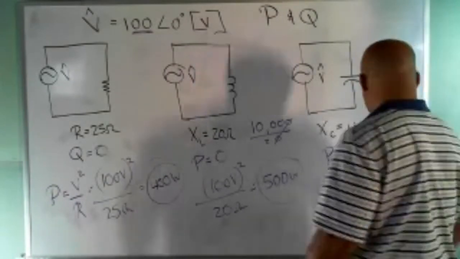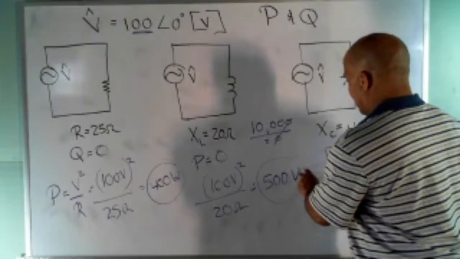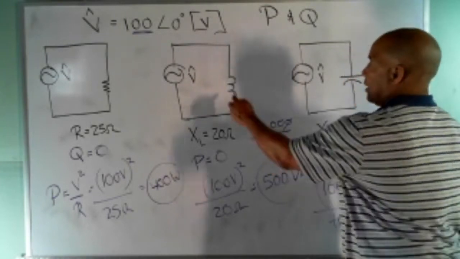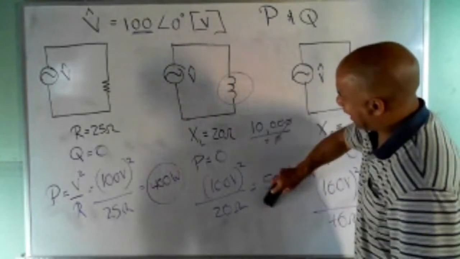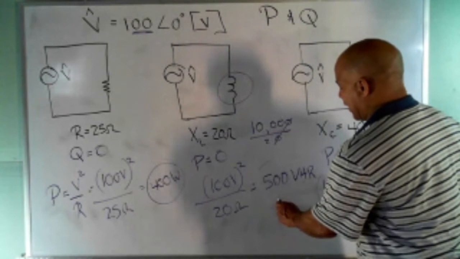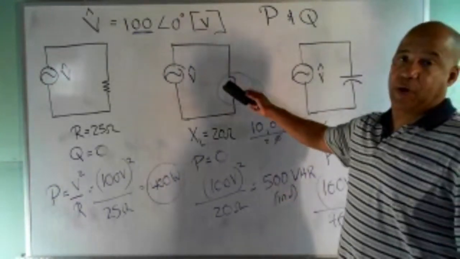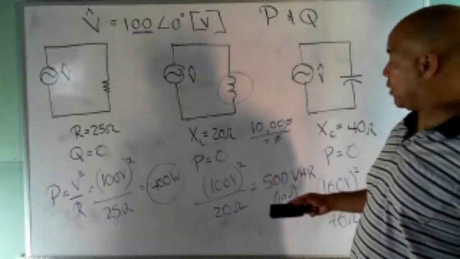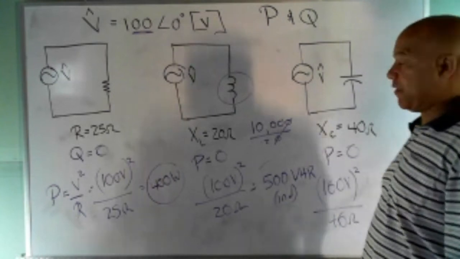It's 500 VAR. And to be correct, I can show it positive, or I can say inductive. That can be important because if you have more than one reactive component, you gotta know whether to add or subtract. So you want to show either a positive sign or state that it's inductive explicitly.